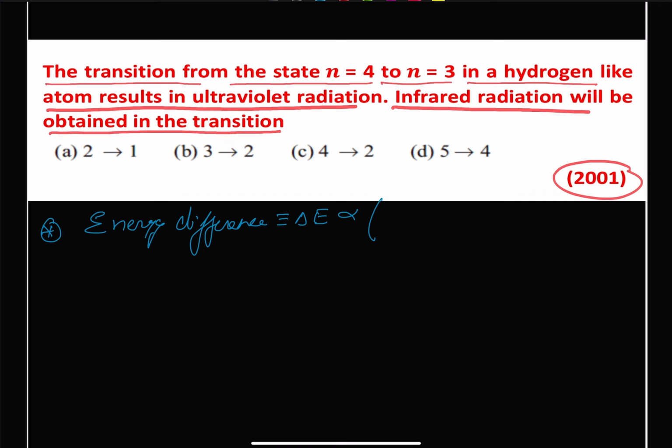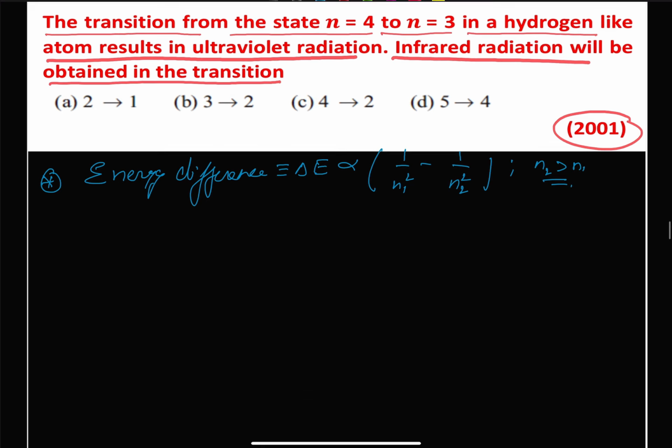So this becomes 1 upon n1 square minus 1 upon n2 square, where n2 is greater than n1. We have to remember that ultraviolet and infrared are at opposite ends of the spectrum, because ultraviolet has the shortest wavelength and infrared in comparison has a longer wavelength. Same analysis we can draw based on their energy.